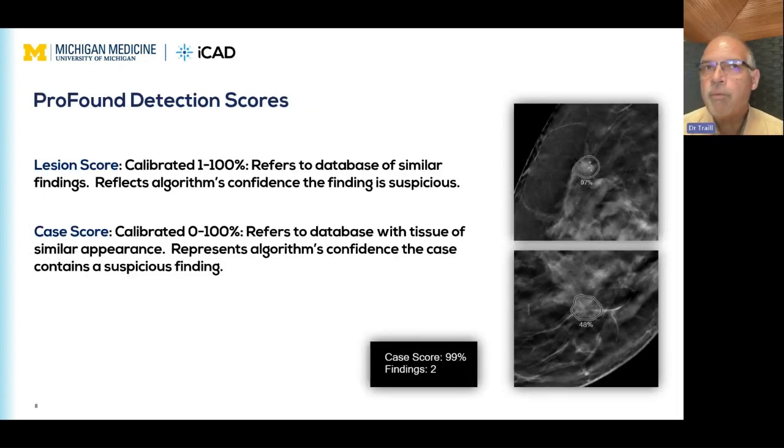So what we end up talking with new users about a lot is how to use these scores. It's something new for most readers to have these scores popping up and trying to figure out how to use them. And we've done some analysis and tried to break these scores down. And for the most part, what you'll see is very low scores occupy by far and away where most of the detections are.